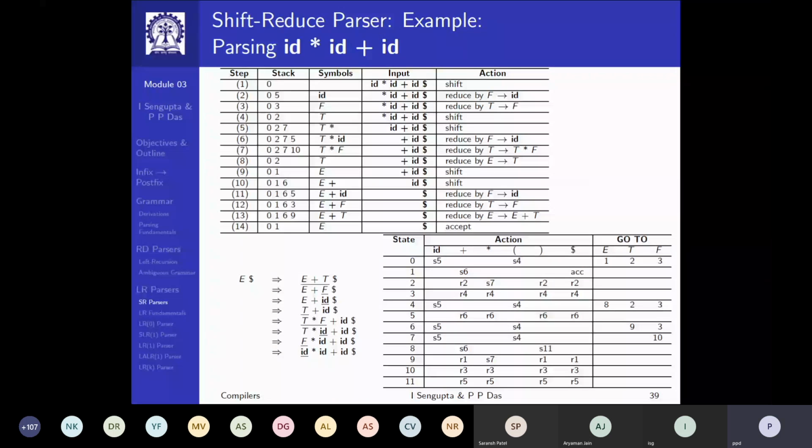Okay. So this slide is what you should spend a lot of time on by yourself, doing and creating. Just for reference, I have reproduced the shift reduce parsing table here. It is the same as what I have here. I've just made it so that I don't have to keep changing slides.